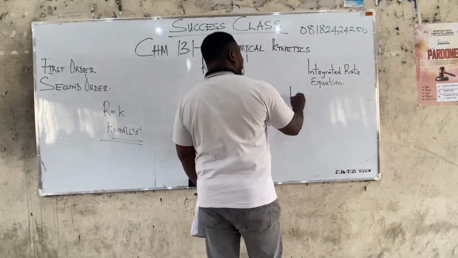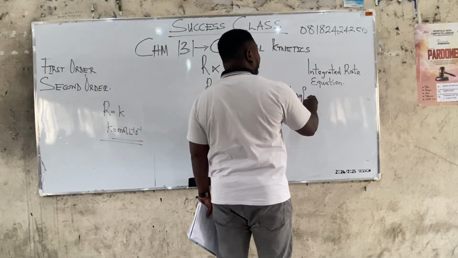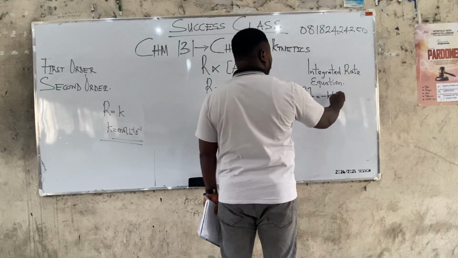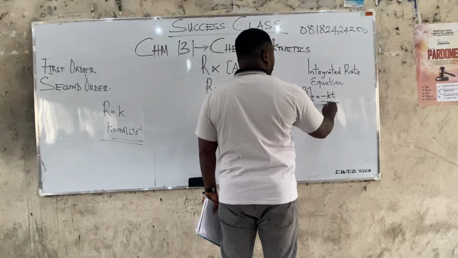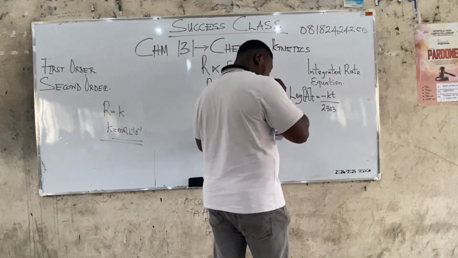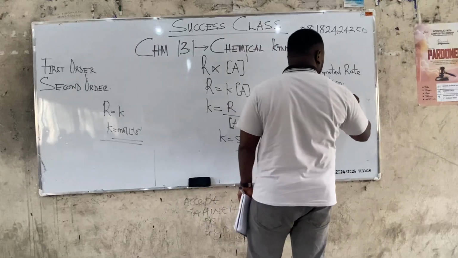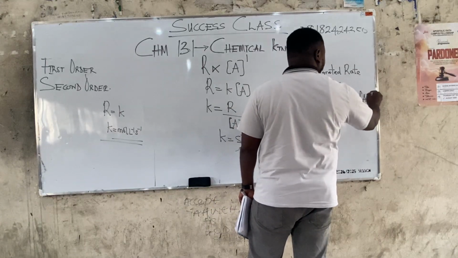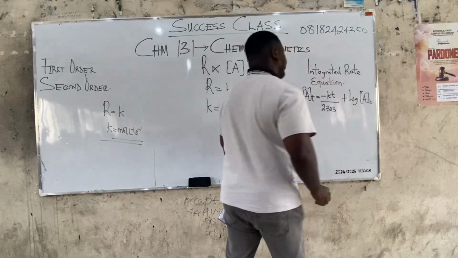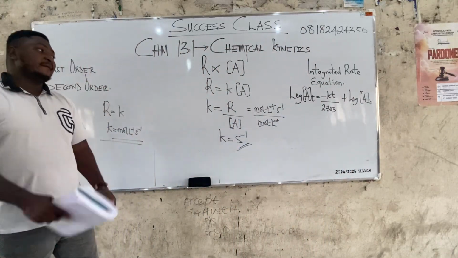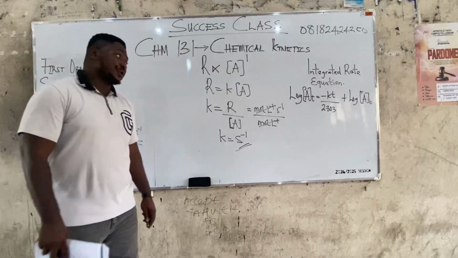Class, the integrated rate equation for a first order reaction, we have log A_t equals minus kt all over 2.303 plus log A naught. This is the integrated rate equation for a first order reaction.